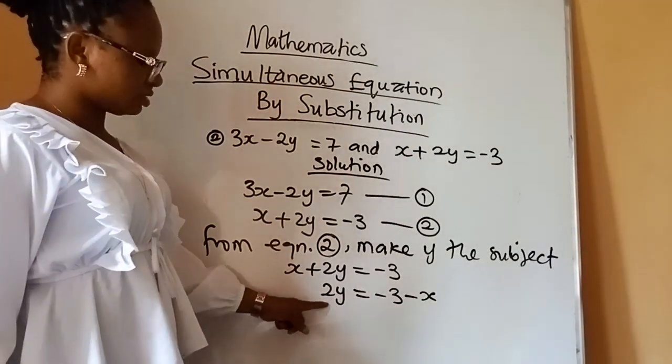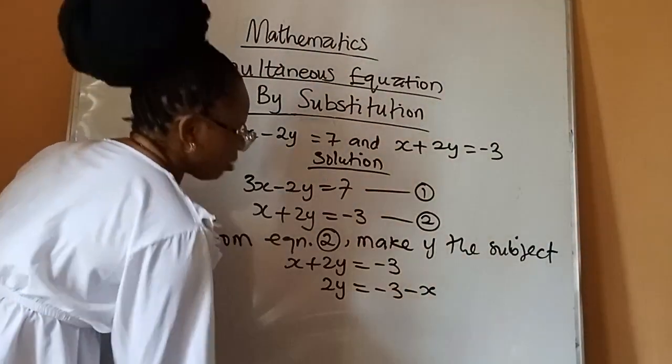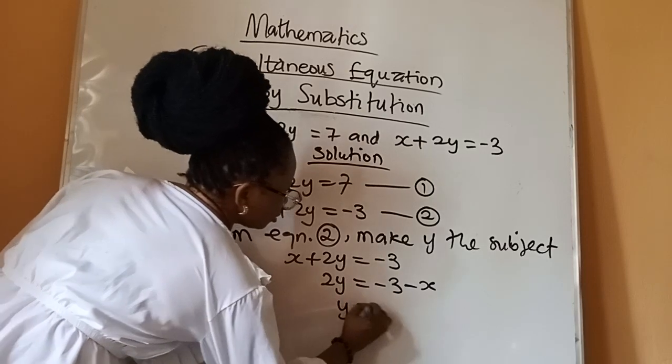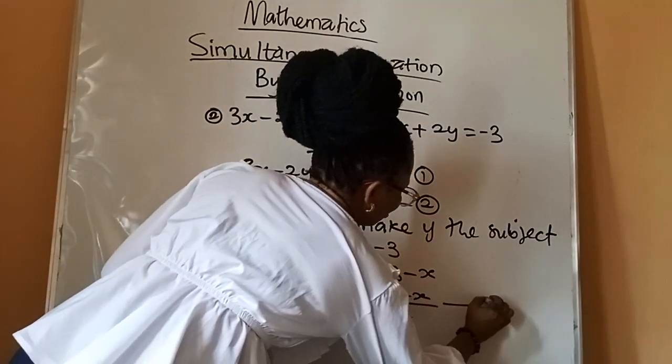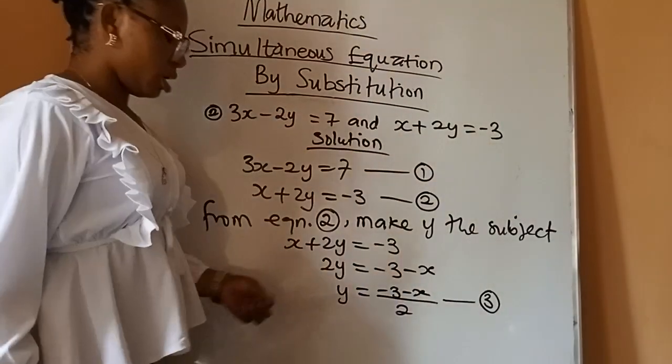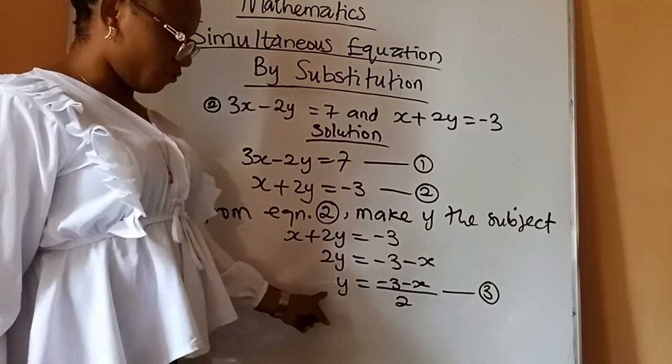For us to make y the subject, we have to divide both sides by 2. So if we divide both sides by 2, I will have y to be minus 3 minus x all over 2. That becomes our equation 3, because we'll refer back to it when we want to find the value of y.